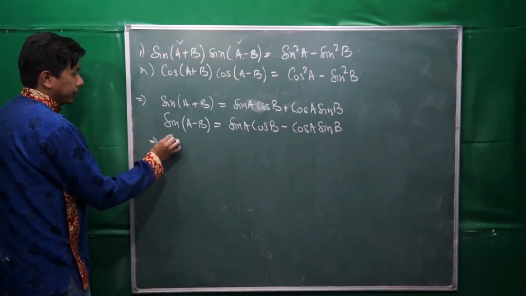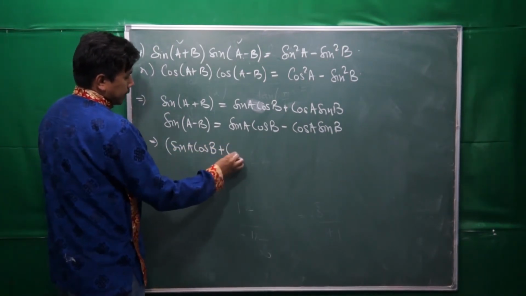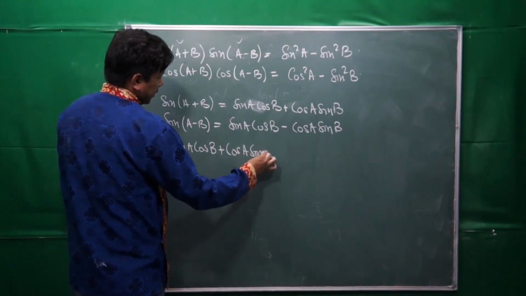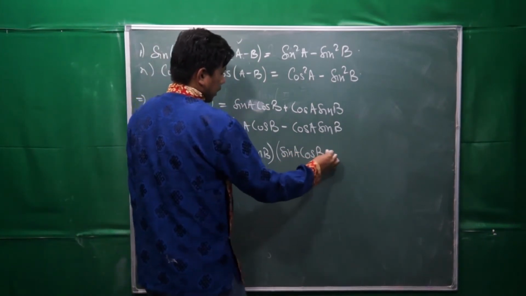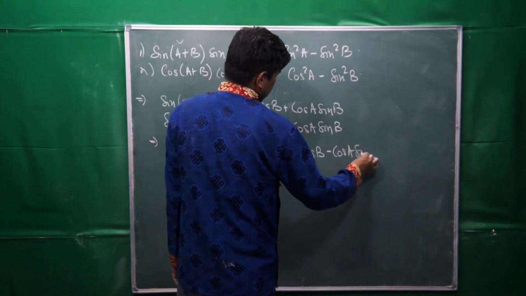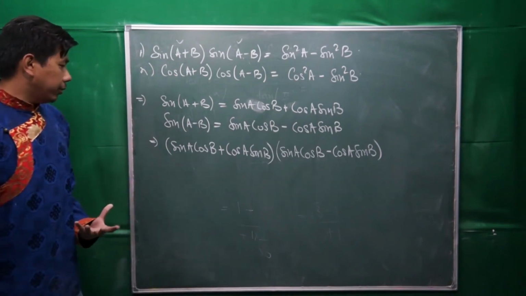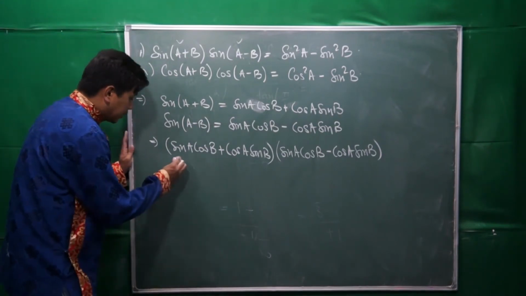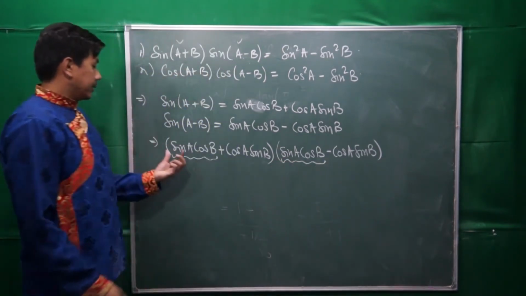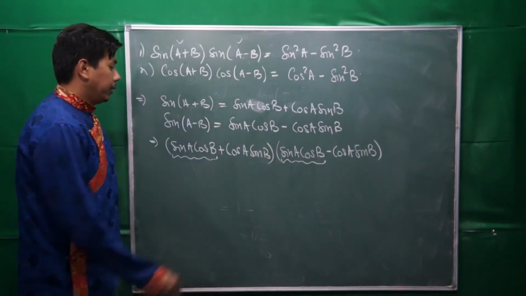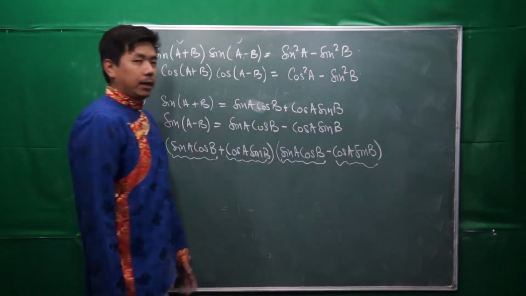So my bracket (sin a cos b plus cos a sin b) into (sin a cos b minus cos a sin b). Looking at this, this part sin a cos b is a like term to sin a cos b, and similarly cos a sin b is a like term with cos a sin b.